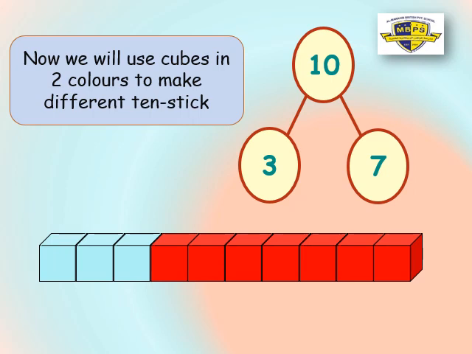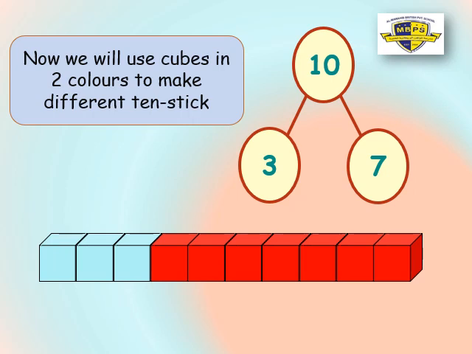Red, any color you want. Beads, you want to do pencils, I want you to continue after the third one. 1, 2, 3 is blue, then continue 4, 5, 6, 7, 8, 9, 10. Until you get to number 10, you stop, but they have to be red. So you have 2 colors of blue and red.